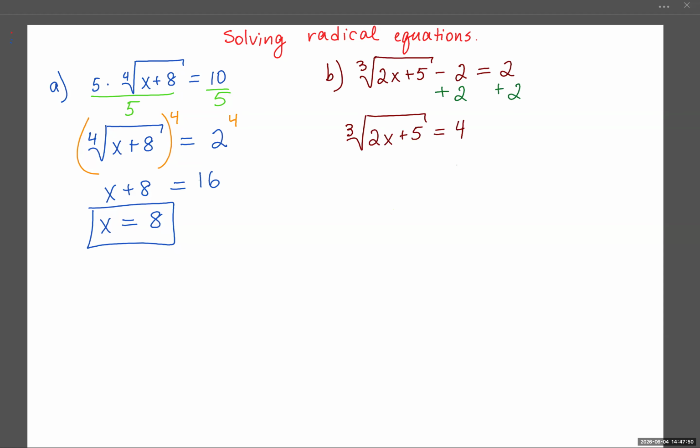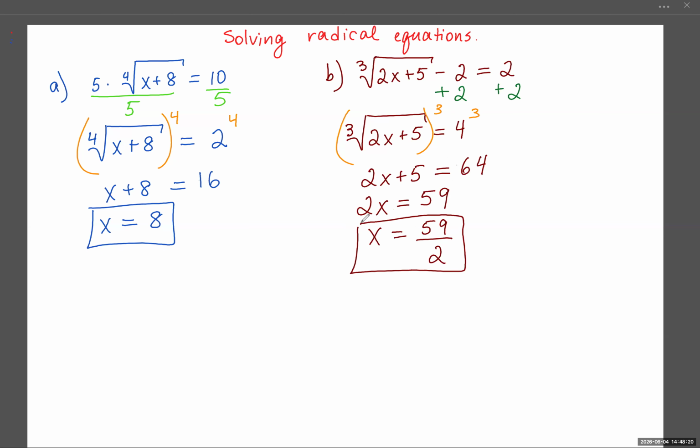Now to get rid of the cube root, we have to cube both sides of this equation. On the left-hand side, the cube root and the cube will cancel, so 2x plus 5 equals 4 to the 3rd power, which is 64. Now we'll subtract 5 from both sides, so 2x equals 59, and x equals 59 divided by 2.